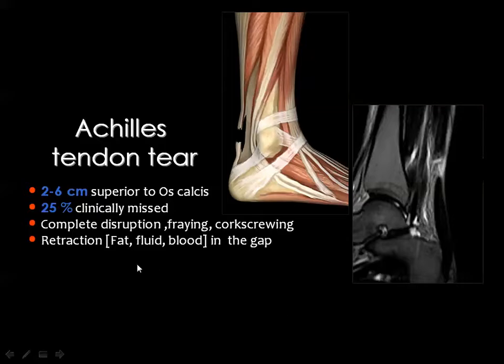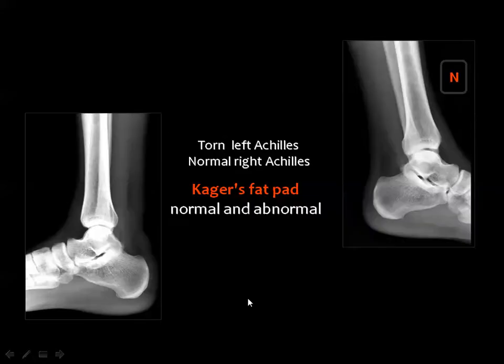If you diagnose rupture of the Achilles tendon, you should measure the site of the rupture from its calcanean insertion, and you should measure the gap between the cut edges of the tendon.